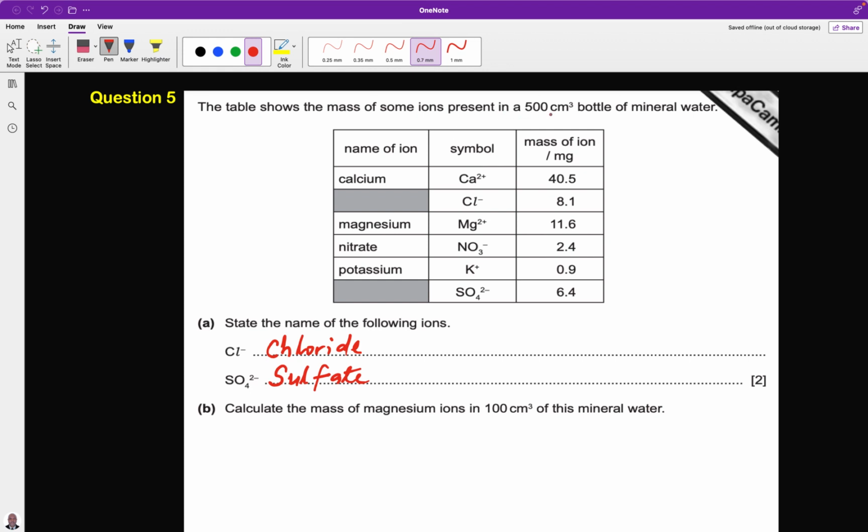The total volume is 500 cm cube, and 500 cm cube contains 11.6 milligram of magnesium ion. Then they are telling us to calculate the mass in 100 cm cube of this very mineral water.